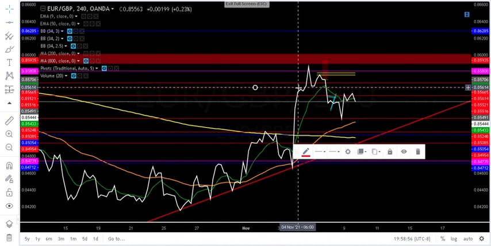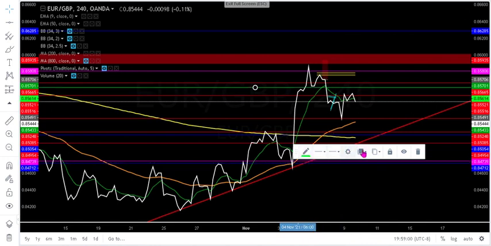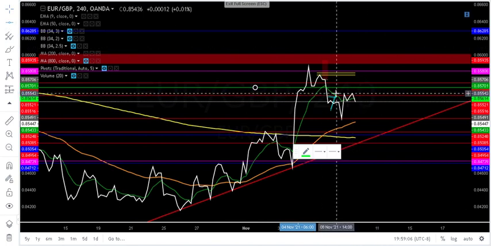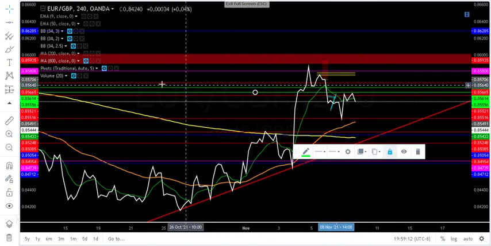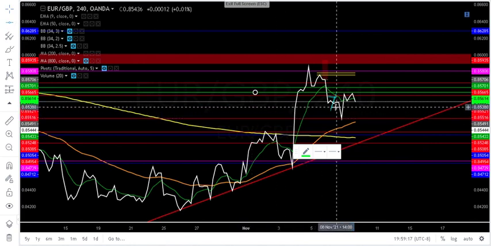So right here, my lines for H4 are green. I may do a gap right here. Just doing this right around where price is now.